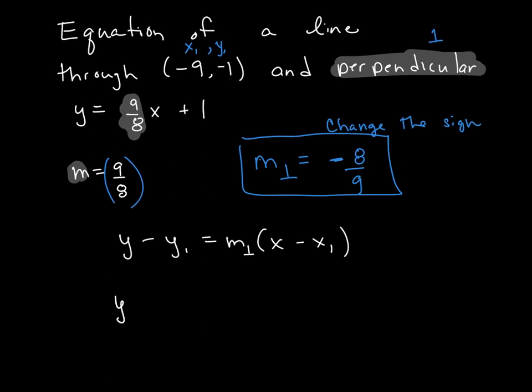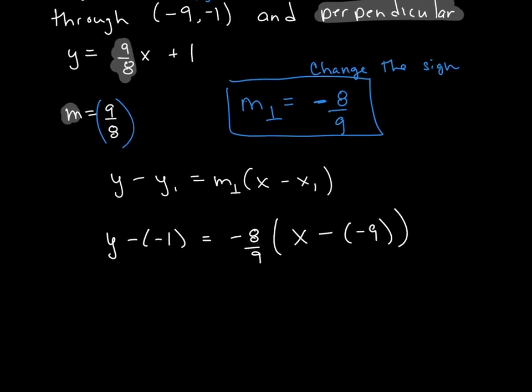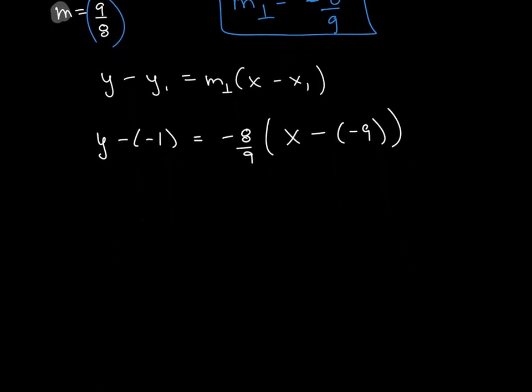That gives me y minus negative 1 is equal to a negative 8 over 9 times x, and again I'm subtracting another negative 9. Let me simplify all of this a little bit, so that gives me y plus 1 is equal to negative 8 over 9 x plus 9.